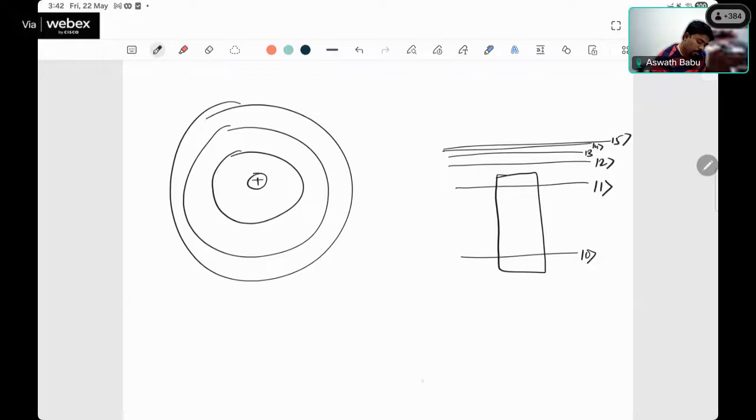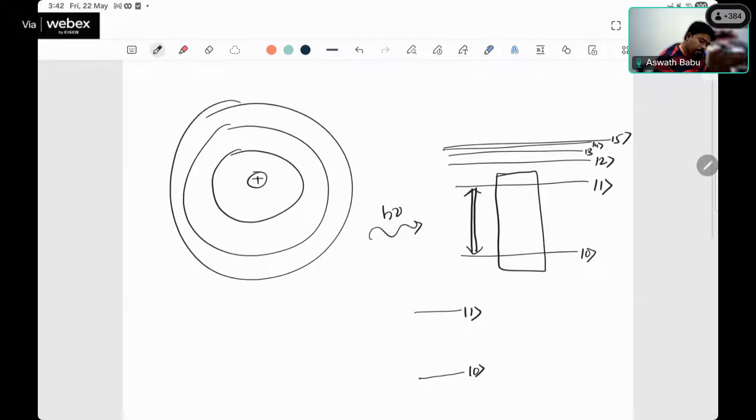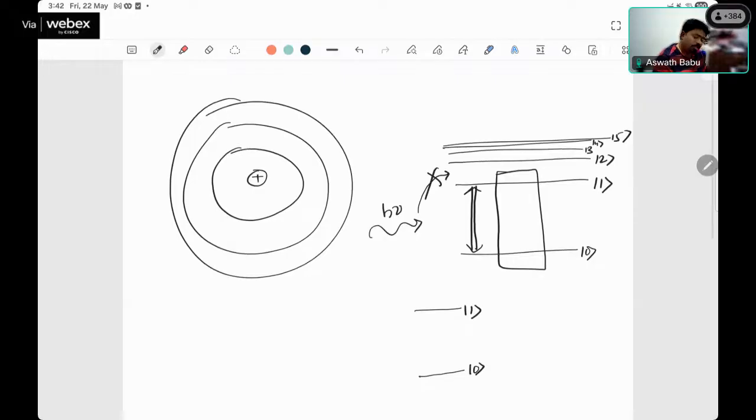So, just to have a two-state qubit system, you know what I'll do? I'll incident energy in such a way that the input energy exactly matches the transition frequency. If this input frequency and energy doesn't match this, then the second state would never come into the picture.